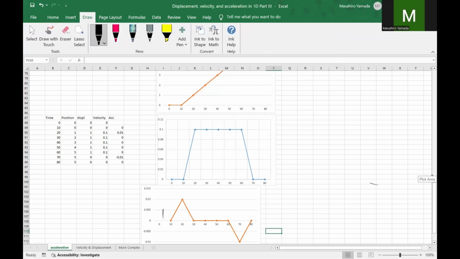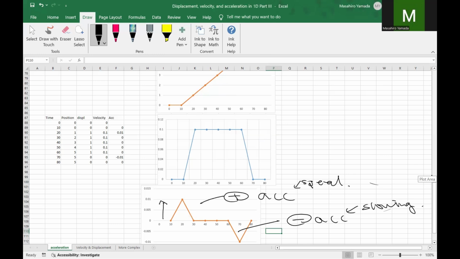This up spike is called positive acceleration, and this is called negative acceleration. However, this doesn't necessarily mean something is always speeding up or slowing down. It actually depends on the direction.